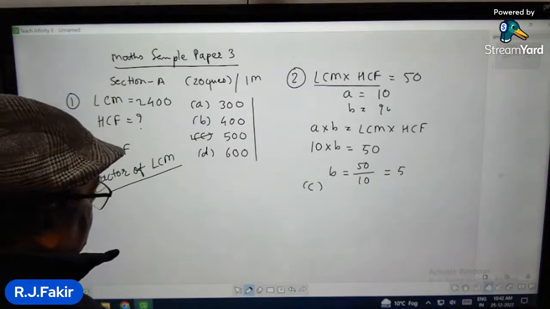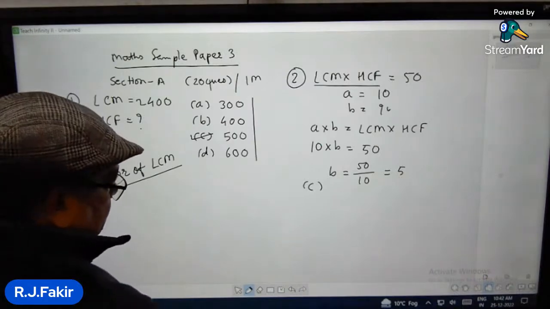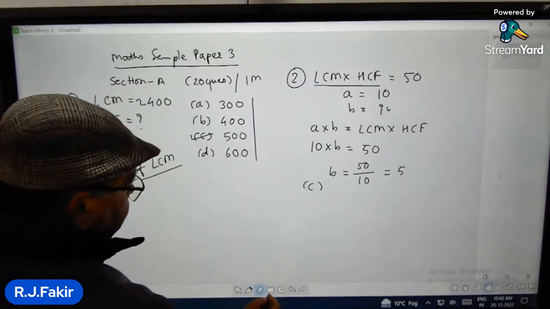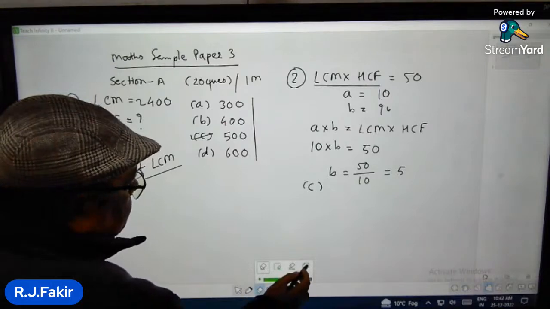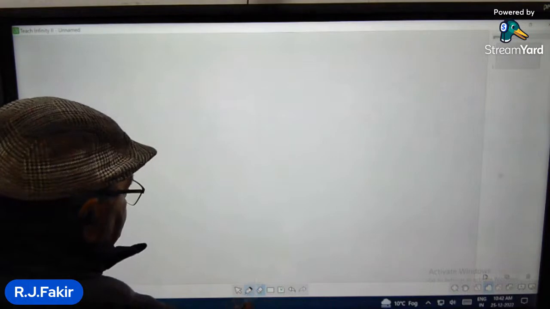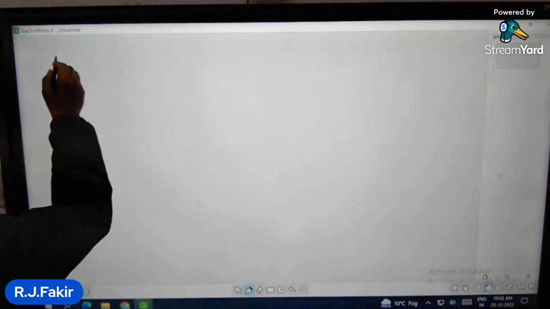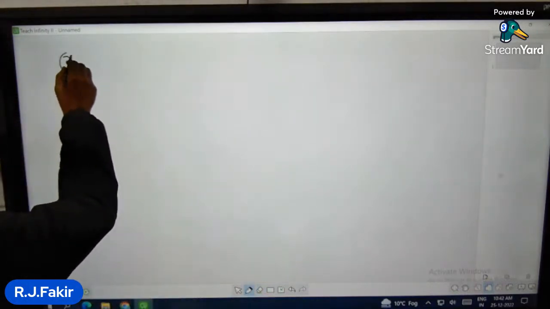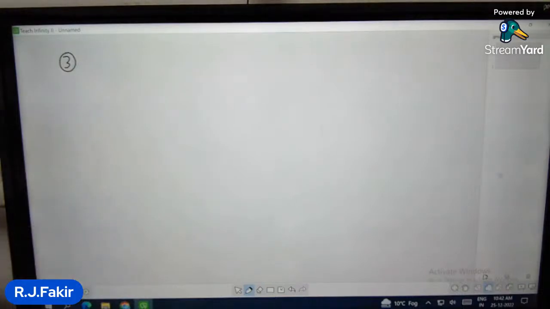Now coming to question number 3. In question number 3, the zeros of a quadratic polynomial are given.